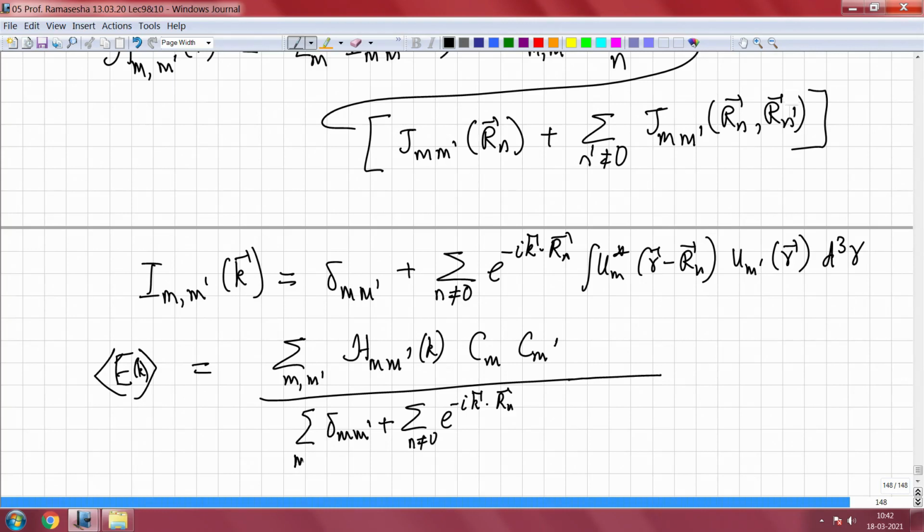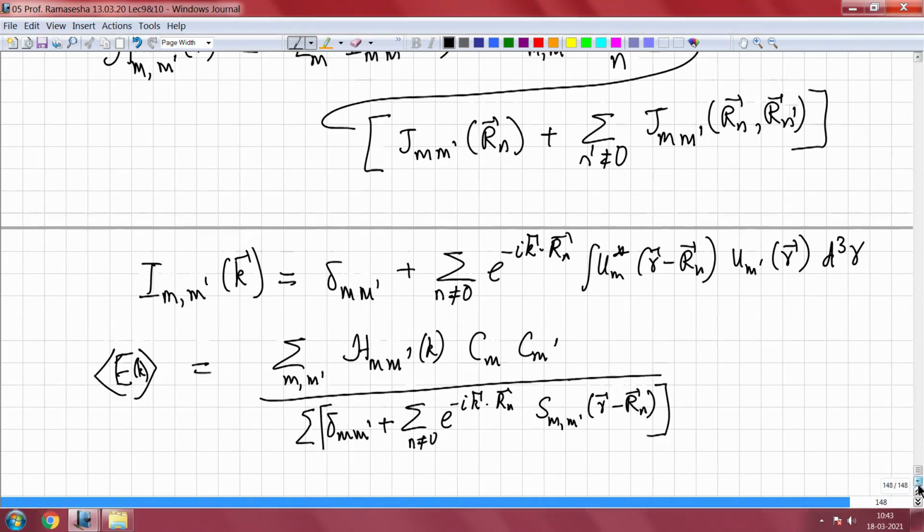This will again be sigma over m prime e to the ik dot Rn integral u m star u m prime. So that integral I will call just the S m m prime r minus Rn.